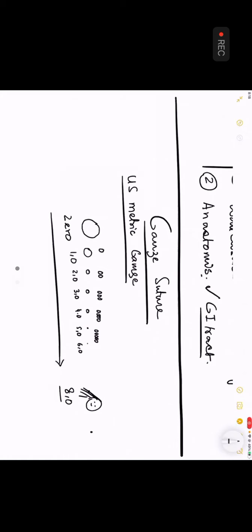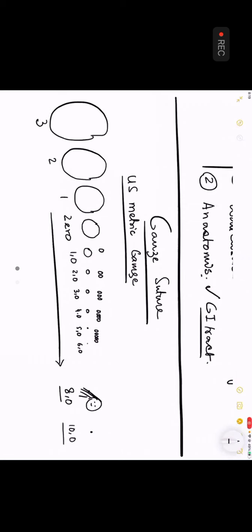Those of you who will become microvascular surgeons will be operating with sutures that your eyes cannot see. That will be 10-0 sutures. They are so fine that you have to operate under a microscope. Whereas if you increase the size, this is 1, this is 2, this is 3, etc. So this is called the US metric gauge.